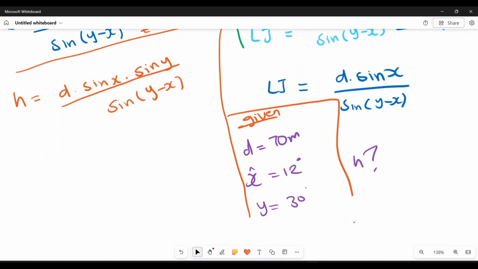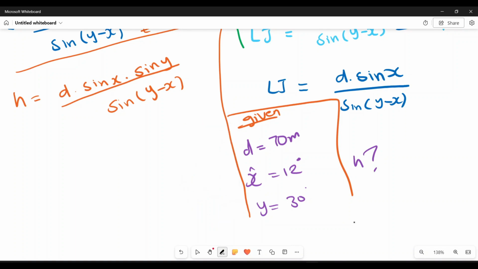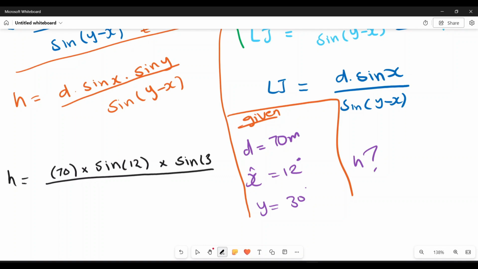So we're just going to substitute these values into this equation right over here. Let me go about doing that. Basically my H is equal to my value of D, which is 70, multiplied by sine of 12, multiplied by sine of 30, all over sine of 30 minus 12.